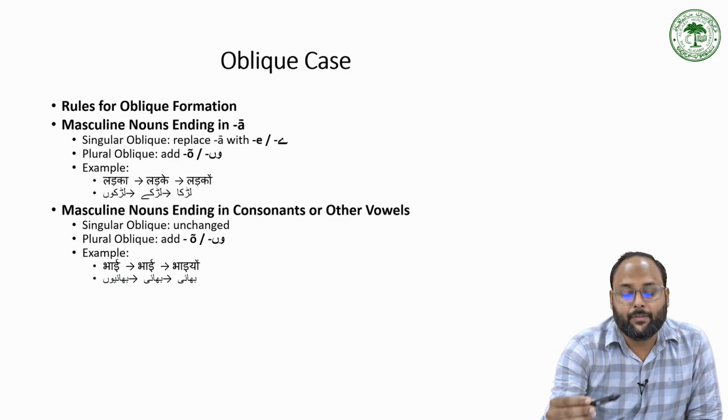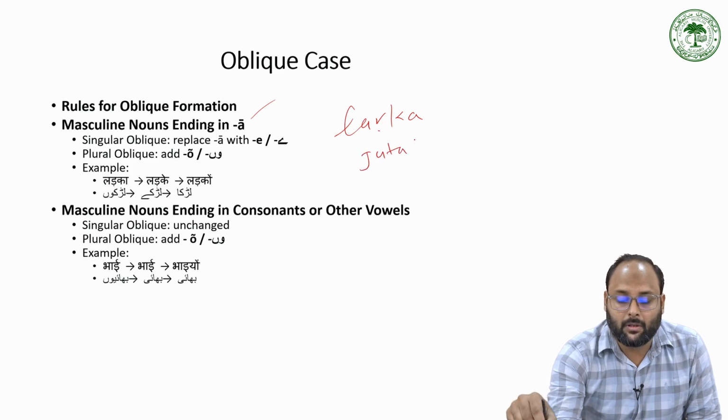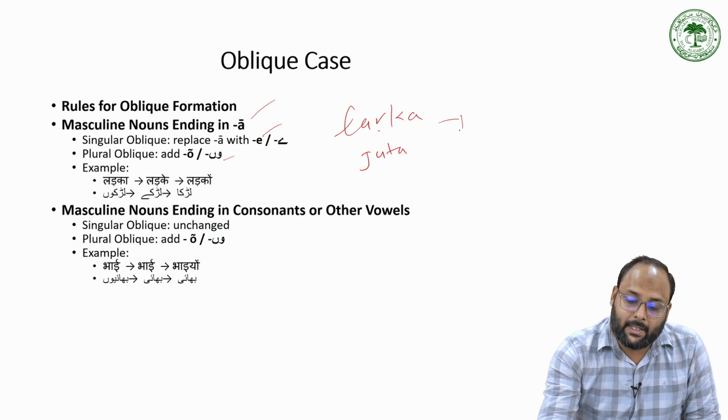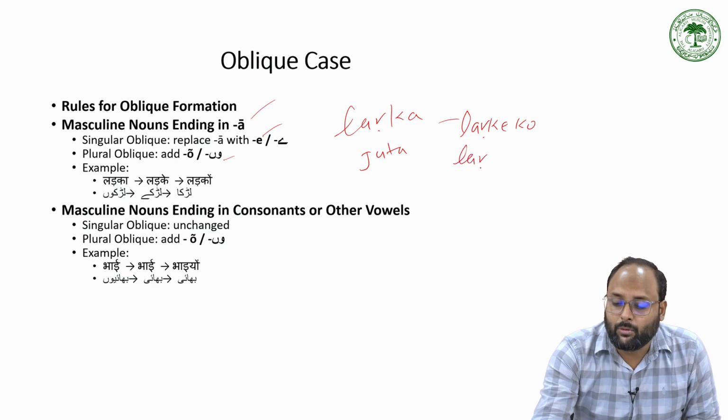So for example, if the noun ends with a, like ladka, juta, it will be replaced with e for singular, or for plural it is replaced by o, like लड़के को, and for plural लड़कों को, like लड़के को किताब दे दो, लड़कों को किताब दे दो.